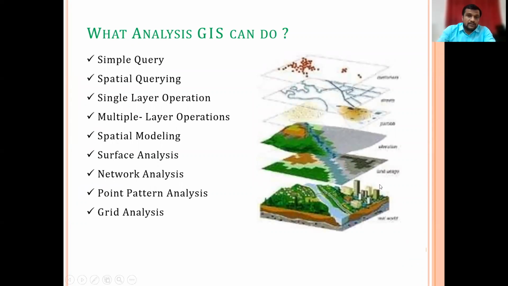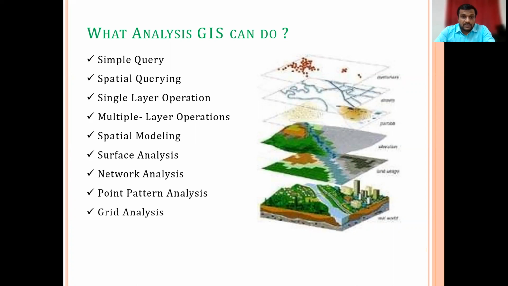GIS has different applications. GIS can be used to analyze different types of query. It can be used for spatial querying, single layer operation, and multiple layer operation. We can integrate multiple layers to analyze them. Then spatial modeling can be done using GIS technology. We can also analyze surfaces.